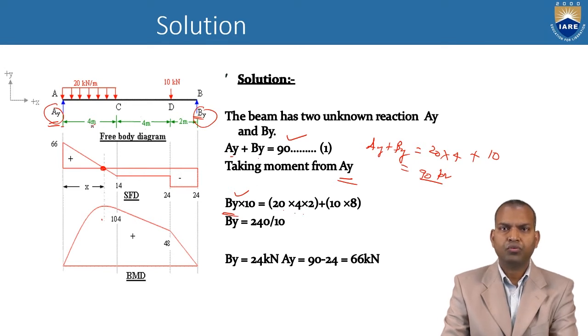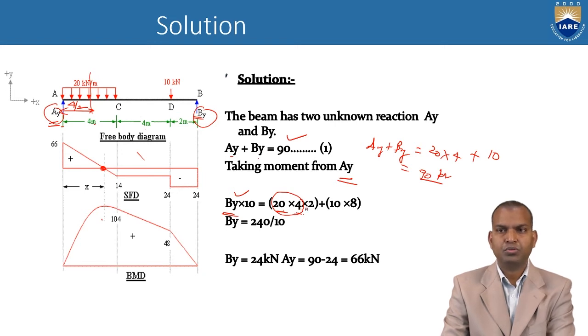Why 20 into 4 into 2? 20 into 4 is the total concentrated load, that is 80 kilonewtons, acting at half the span of the UDL, that is 4 by 2, which is 2 meters. The UDL is converted into a concentrated load, acting at half of the span of the UDL from the arbitrary point.